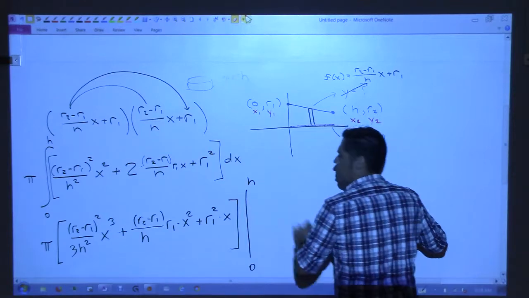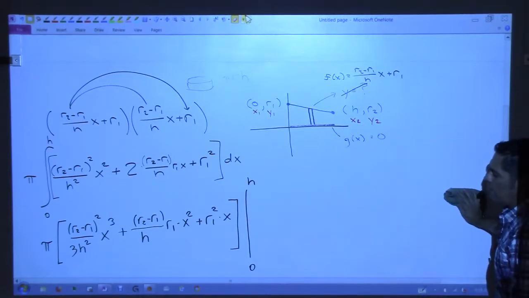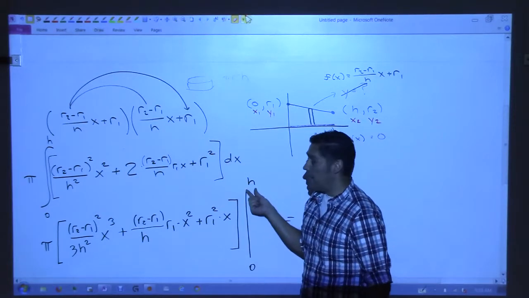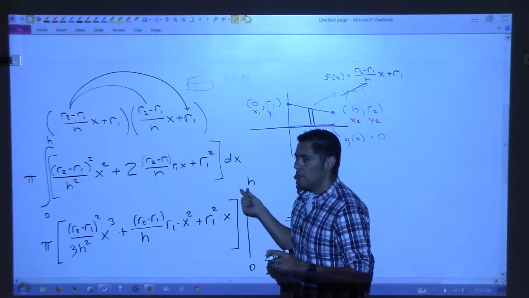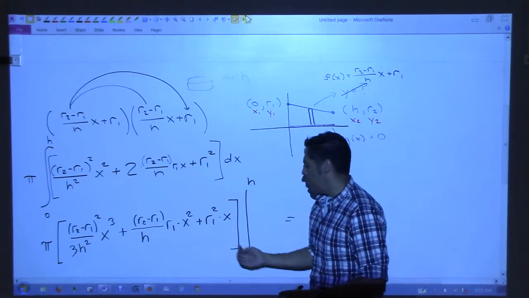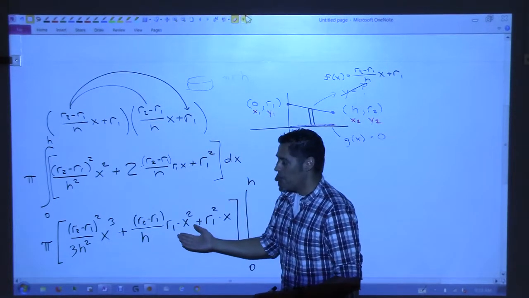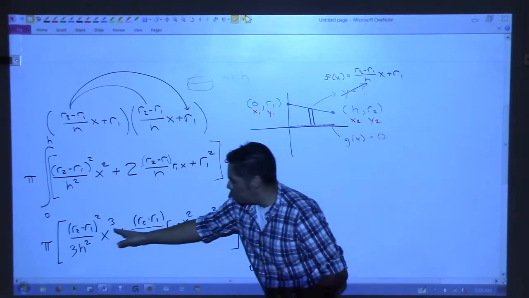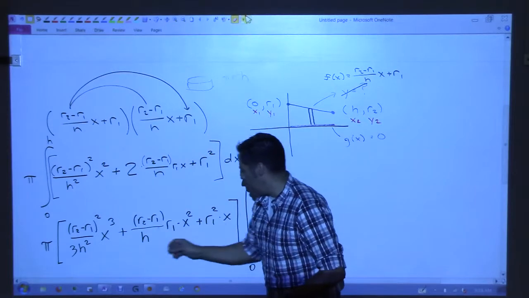0 to h. All right, so I'm going now to go back into this and replace all my x's with h, right? And then all my x's with 0. So let's do the 0 one first, because I think you'll see what happens pretty easily. 0 goes in here, that's dead. Here, it's dead. Here, it's dead.